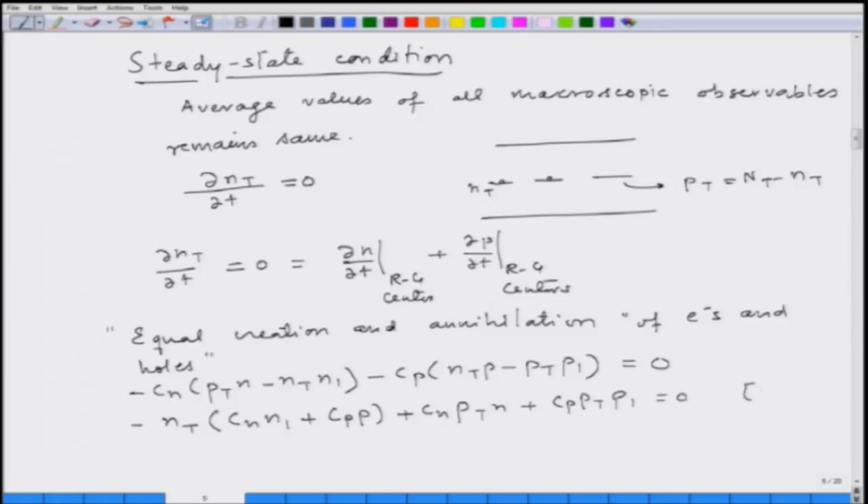But we know that p of t is nothing but capital N t minus small n t. So, if we substitute that here, I will write the final expression.